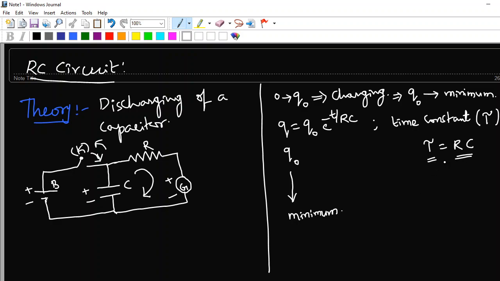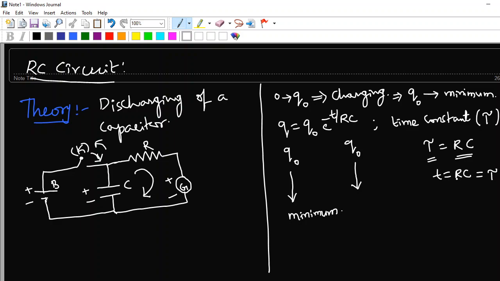Now, if you want to understand qualitatively about this time constant, initially the charge is Q0, which is present in the capacitor. During discharging, at t = RC, we are calling it the time constant, which is known as tau.